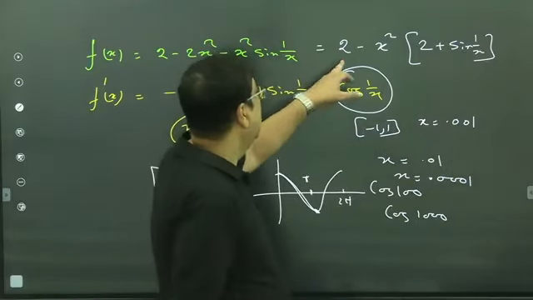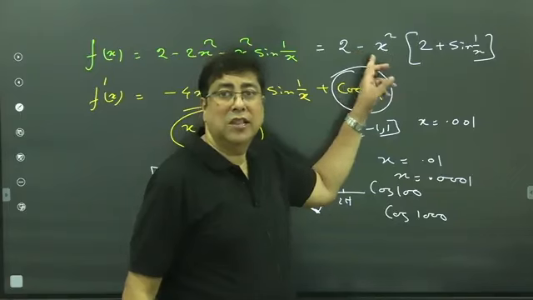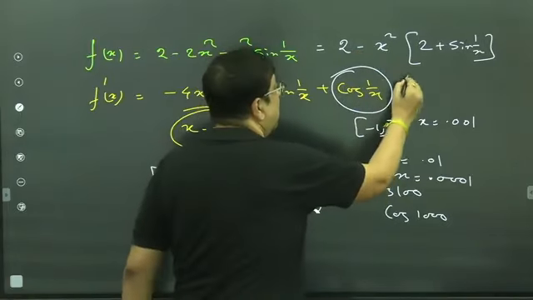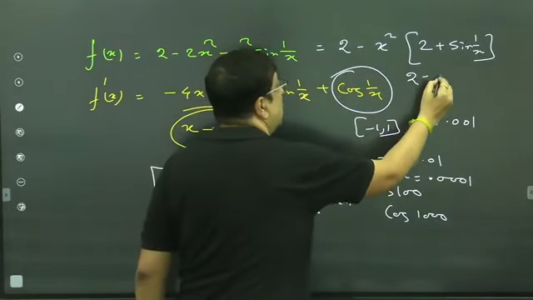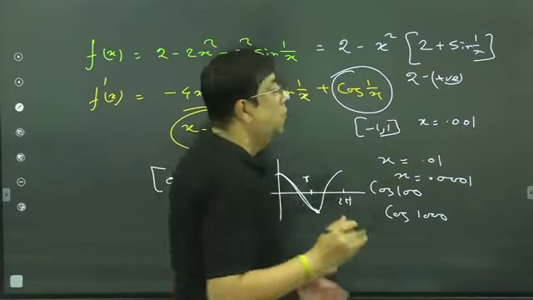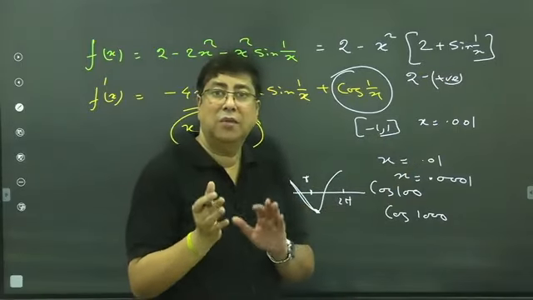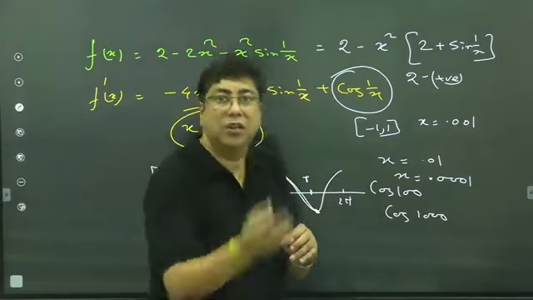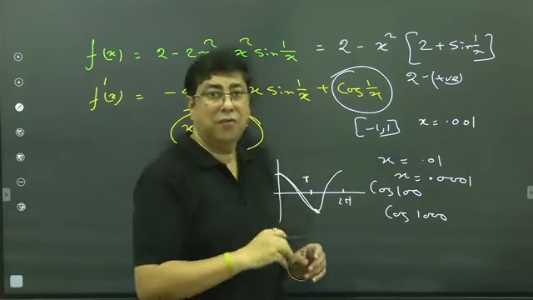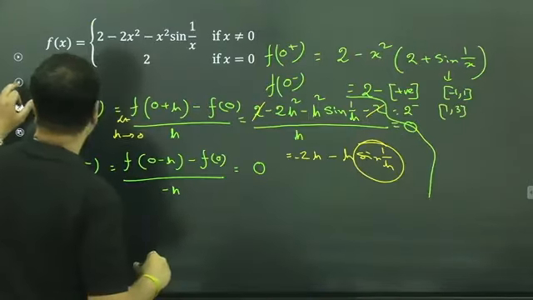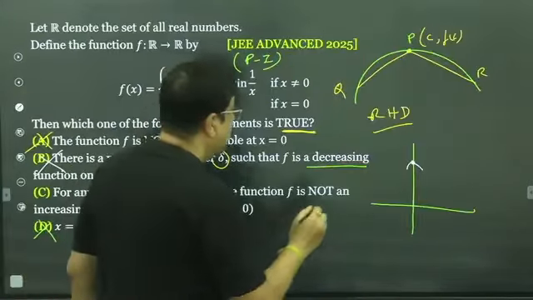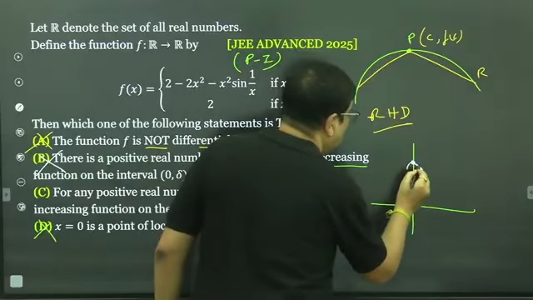So nearer to the value of 0, this is lesser than 2, just 2 minus some positive quantity. x can be 0 plus, x can be 0 minus, it is just decreasing from 2. That is the reason somebody is telling that.